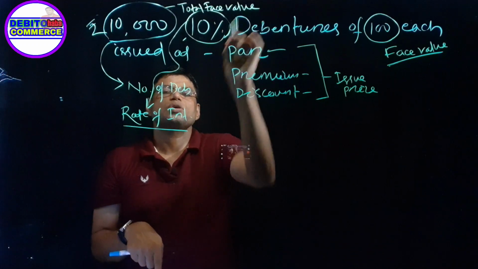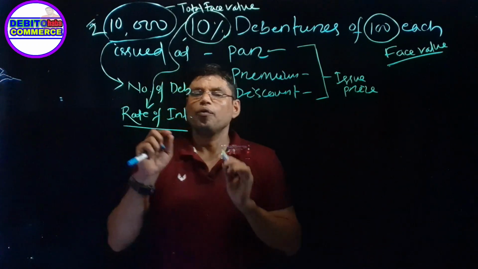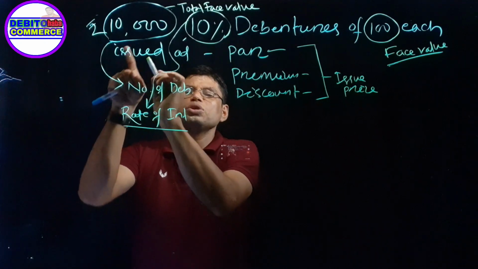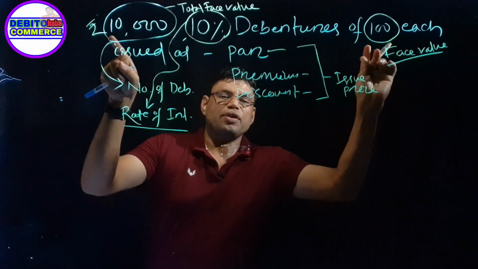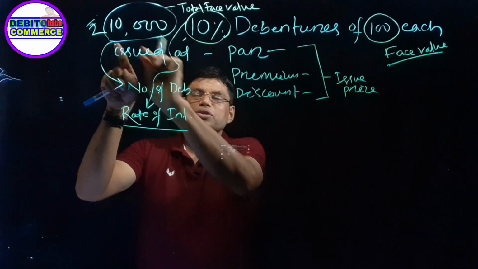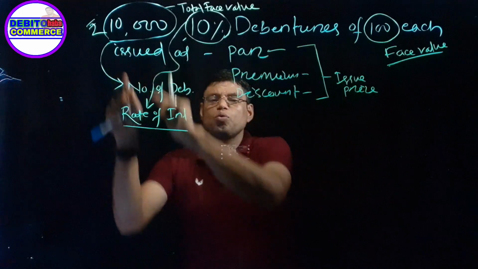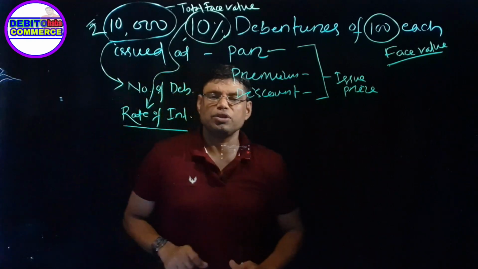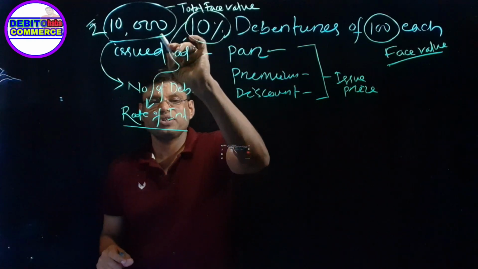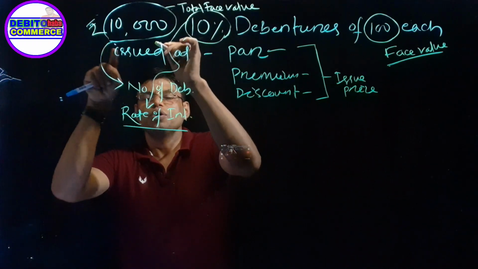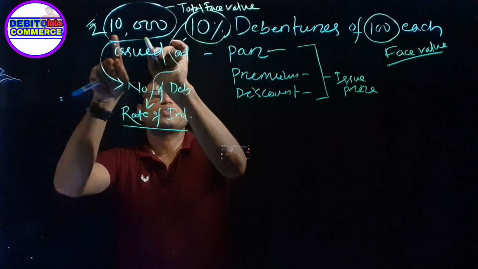So to get the quantum of debentures, what you have to do is divide this 10,000 by this 100. You will get your quantum of debentures or number of debentures. This is the number of debentures if it is given in numerical form. If it is given in rupee form, this is known as the total face value of the debentures.